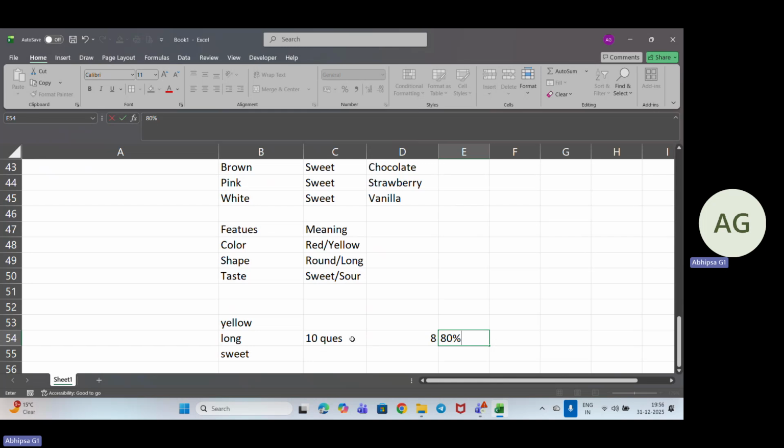So I need confirmation of how much accuracy my model has. What is accuracy? Suppose out of 10 questions my model is able to answer 8 questions. That is 80% accuracy. Now, there are other parameters as well by which we can decide and understand this. Okay, we'll discuss that.